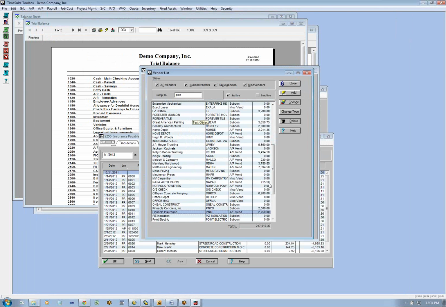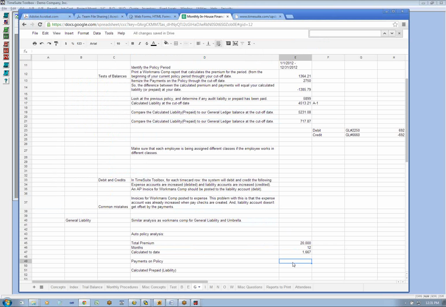We'd find the vendor that we have our general liability insurance policy with, and we would check the payments, our general liability, our general business policy, I guess you'd say. And let's say the payments on just related to the vehicle was that, and so then we would have that kind of situation.